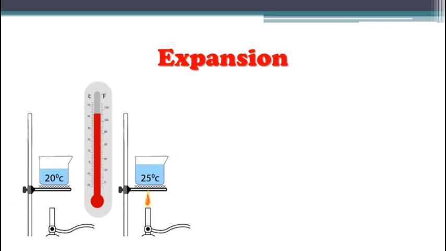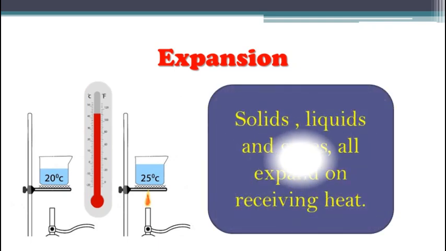That means it is expansion. So this is the expansion of liquid. Solids, liquids and gases all expand on receiving heat. That means when we heat any substance, its volume will increase.